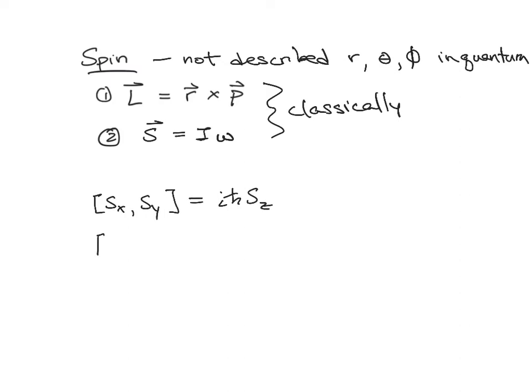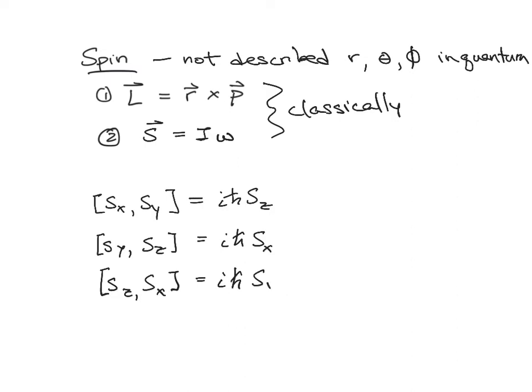The commutator of y and z gives i h bar and our x component. The commutator of z and x gives i h bar and y, right? Just like with our orbital angular momentum L that we did in our previous videos.